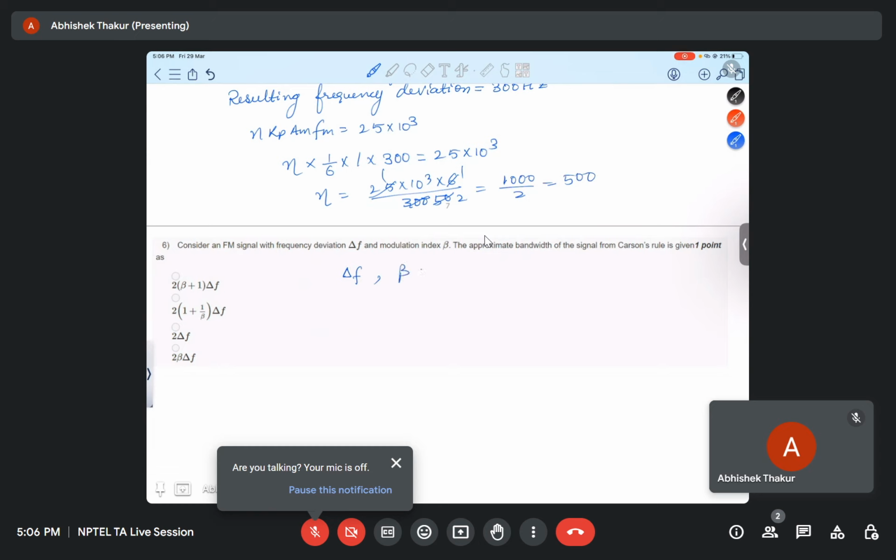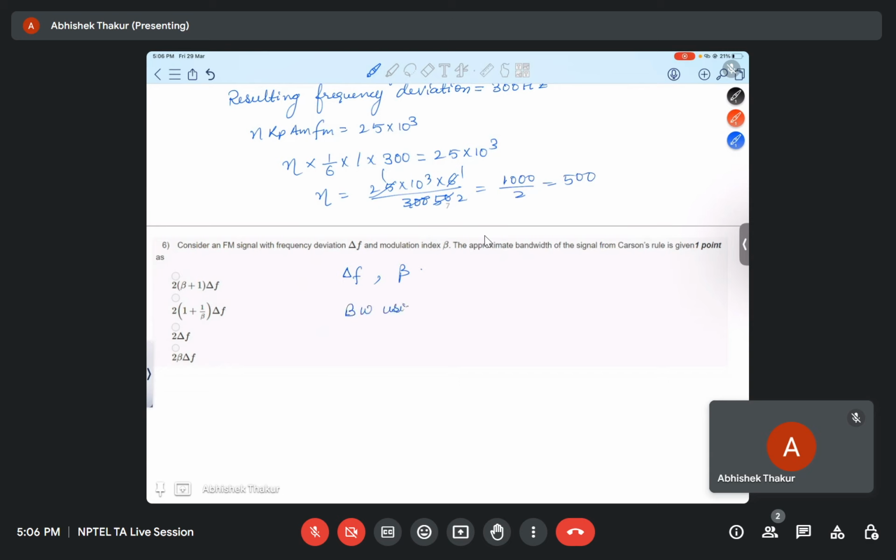The approximate bandwidth of the signal from Carson's rule is given as, as we have studied in the lecture, the bandwidth using Carson's rule is equal to 2 into (1 plus 1 by beta) into delta f. This formula is very important and is useful for finding the bandwidth of the FM signal using Carson's rule. So option B is the correct solution for this question.